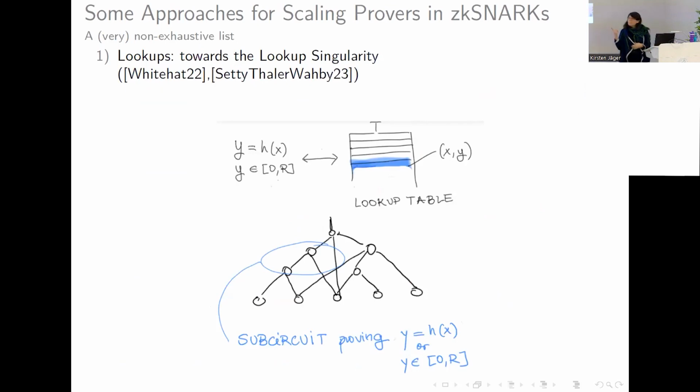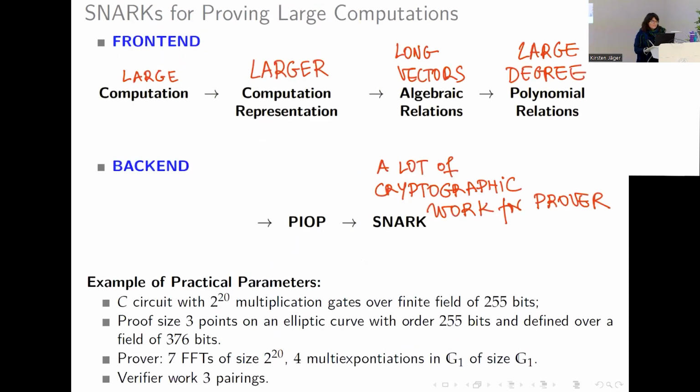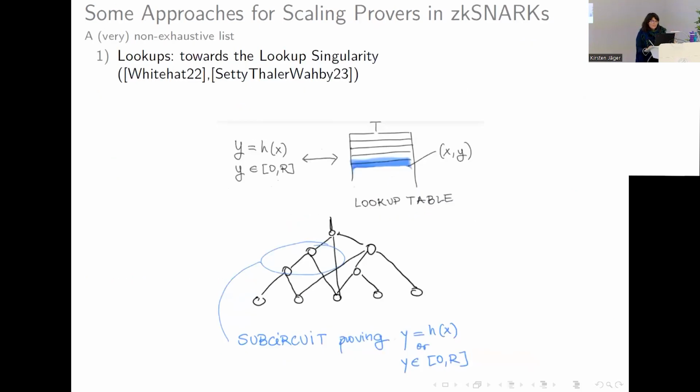So what are lookups? The problem that lookups try to address is this problem, okay? So you have a large computation and you have to represent it, and there's a blow up here, okay?